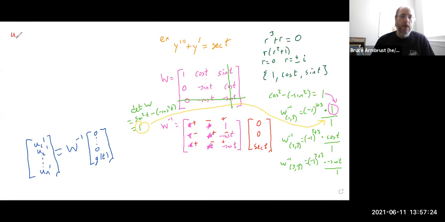So we get u1 prime is equal to secant. We're then going to get minus cosine times secant. So u2 prime is equal to negative cosine times secant. And then u3 prime is going to be minus sine times secant.